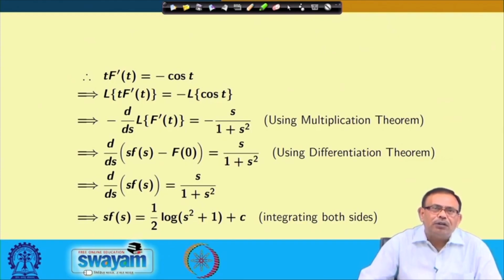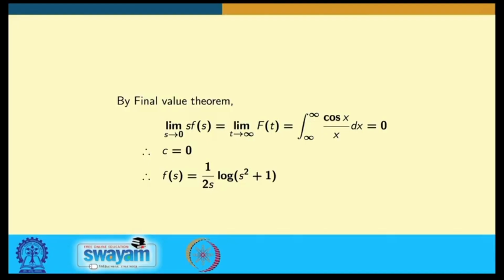Now, here again I have to find the value of the constant of integration c, using the final value theorem. The limit as s approaches 0 of s f(s) equals the limit as t approaches infinity of f(t), which equals the integral to infinity of cos x dx.